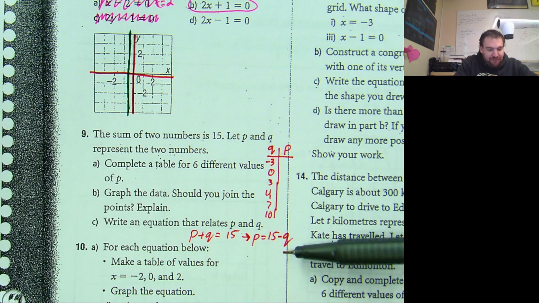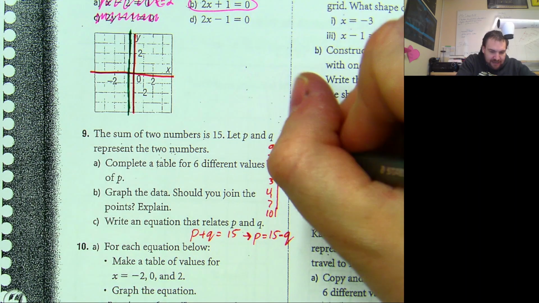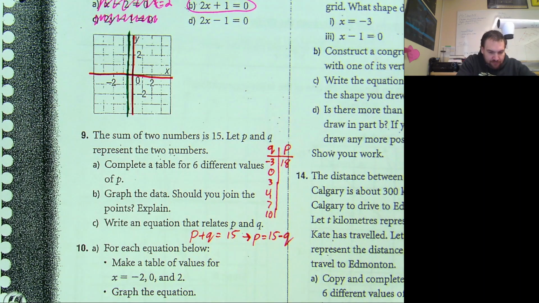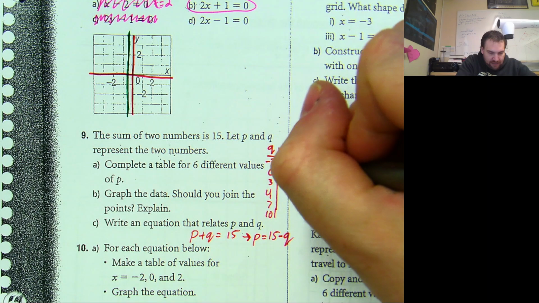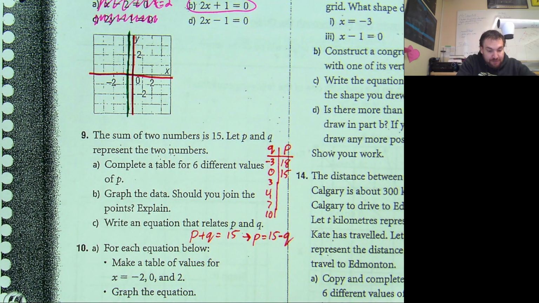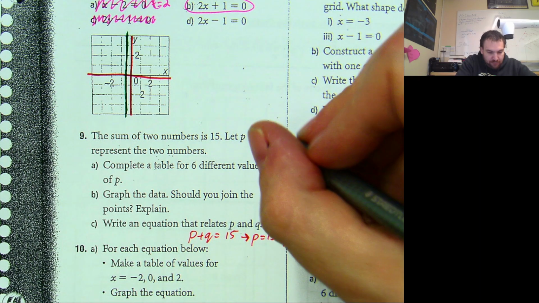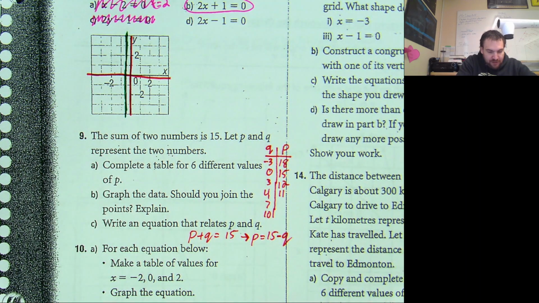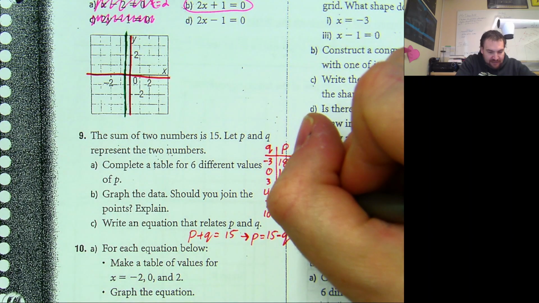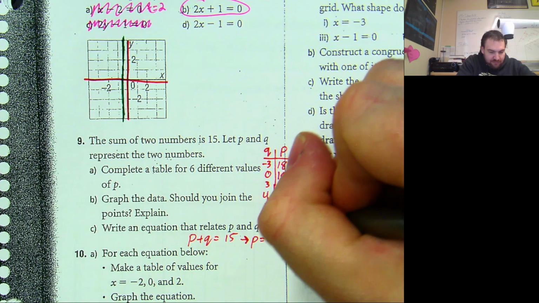Well, if Q is negative 3, what's P? It is 18. If Q is 0, what's P? If Q is 3, what's P? If Q is 4, what's P? Next one, 7 and 10. Done.